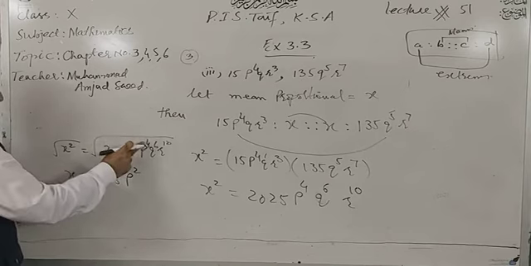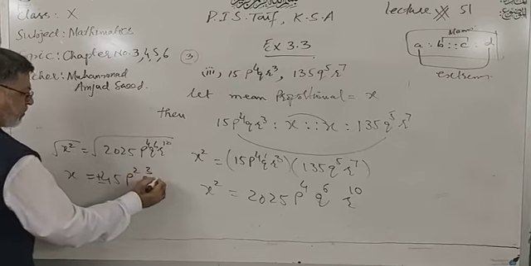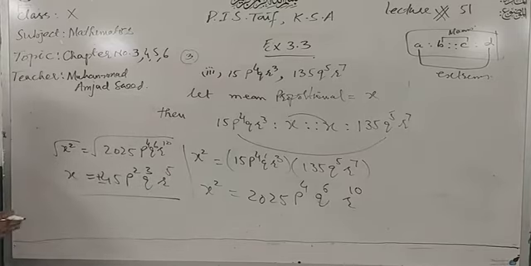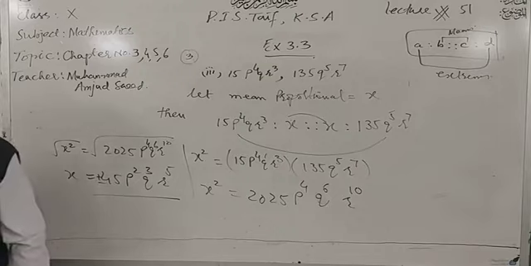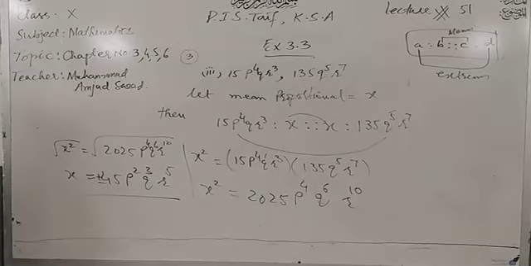So 1 over 2 will cancel 4 as 2. Q6 will be Q3 and this will be R5. So dear students, that was your question number 3, part 3.